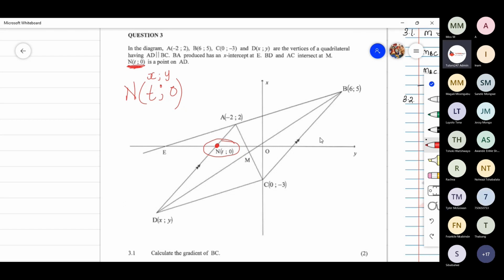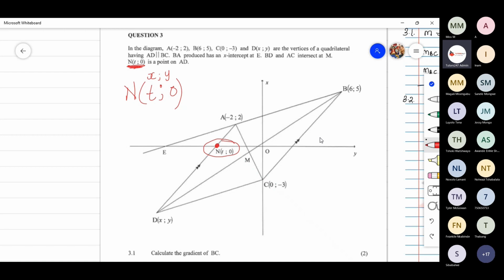Okay, so let us proceed. We were busy with 3.3. We needed to calculate the x value of n, which is a point on the line AD. If you want to calculate the coordinates of a point on a line, all you need to do is substitute one of those values into the equation of the line, and it will give you the corresponding x or y value. So if you have the x value, all you need to do is substitute that x value into the line AD, and it will give you the corresponding y value.